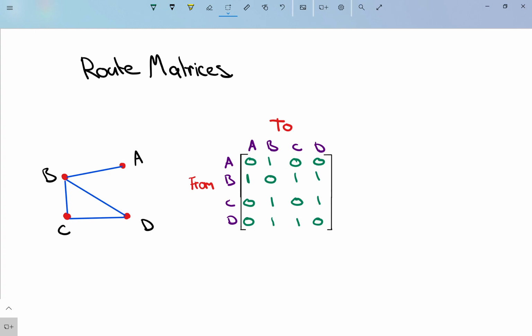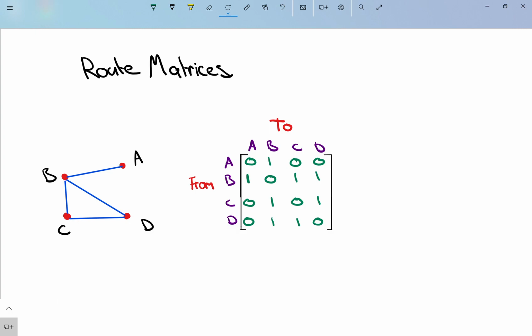That is because all of these routes are two ways, so you can go from B to A and A to B, and your matrix will be a mirror version of itself. Okay, so this is important to know. As long as your routes do not have directions on them, your matrix, when you're finished, should always be mirrored along that diagonal. So that's another important thing to remember about doing these.